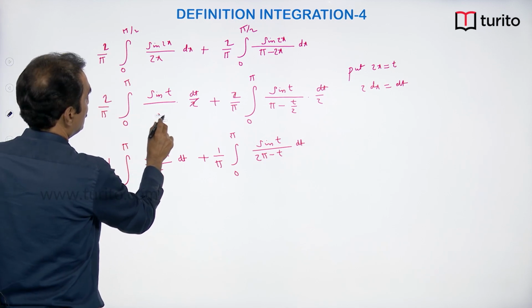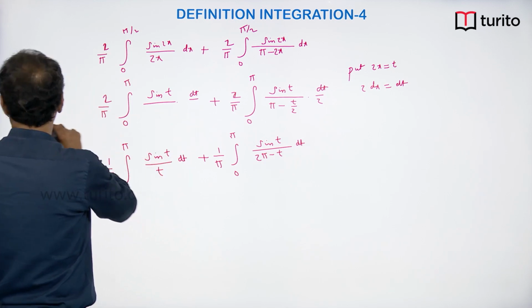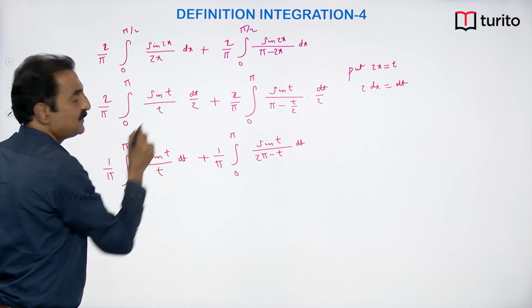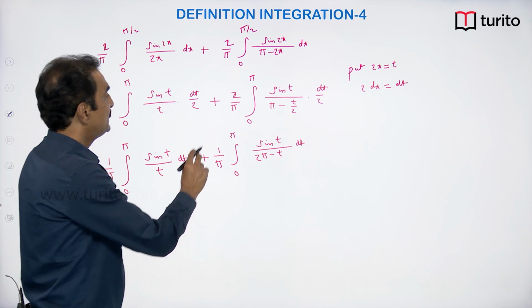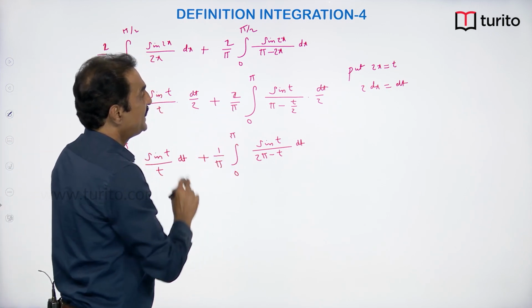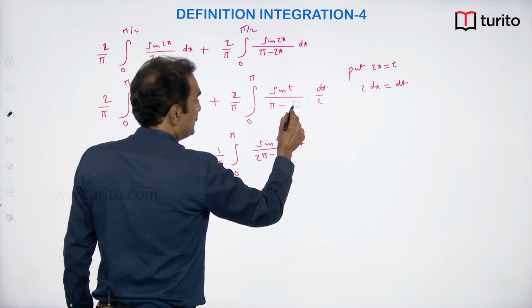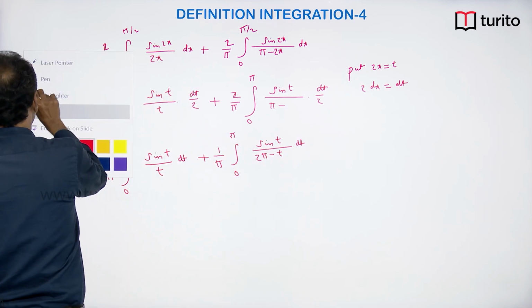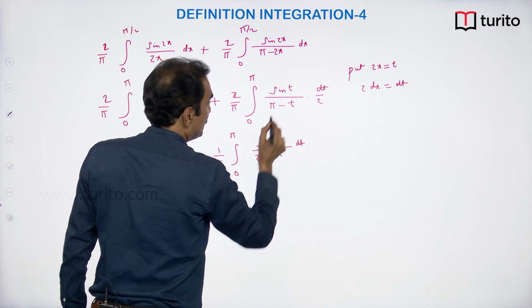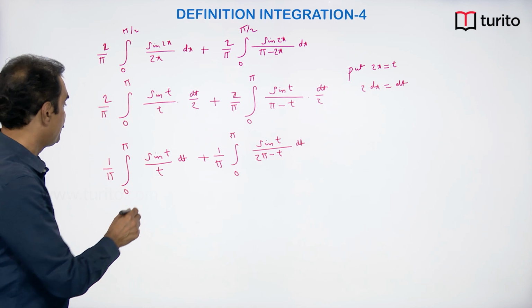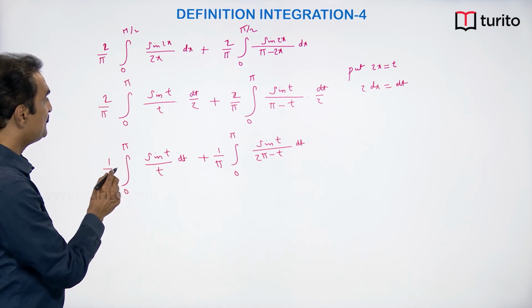So what we get here, sin t by t dt, this dt by 2. Next 2 by pi into, here directly this becomes t. Now what is the extra?